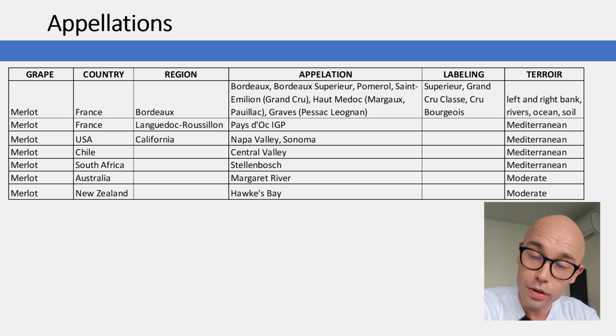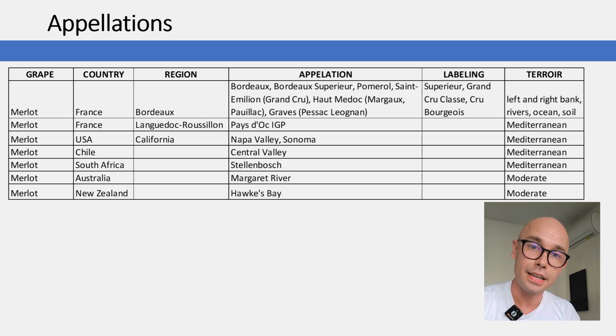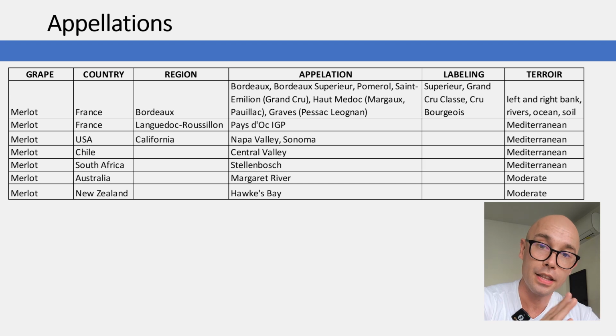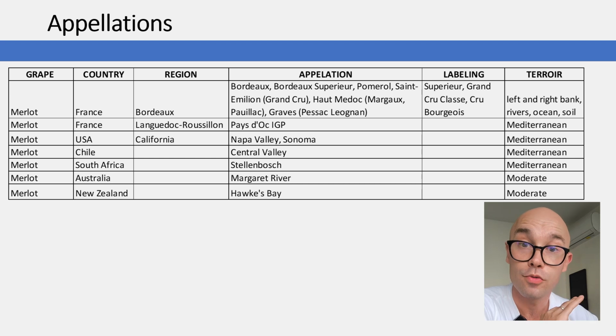In the Level 2 book, these factors are not really well defined and connected to how they affect the style and quality of the wine, but it is something that is, like I said, really important at Level 3. Let's start with appellations in Bordeaux.